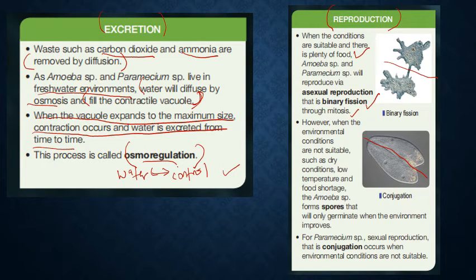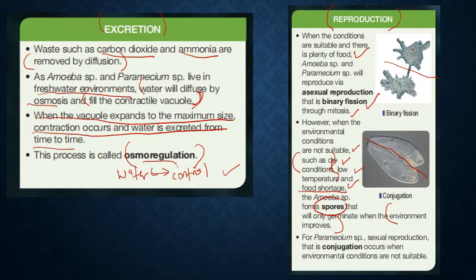However, when the environment is not suitable, for example too dry, the temperature is too low, or there is a shortage of food, the amoeba will form spores that will germinate only when the environment improves, meaning when there is enough food, the temperature is suitable, and the condition is wet.